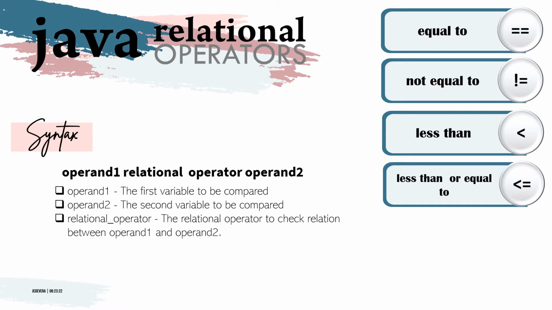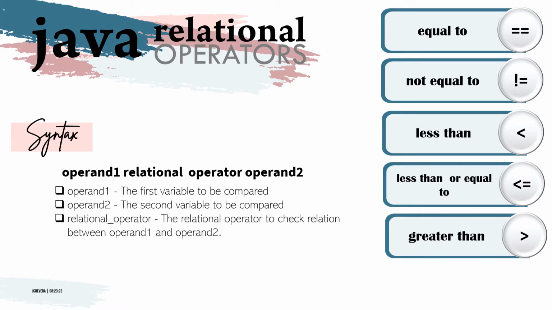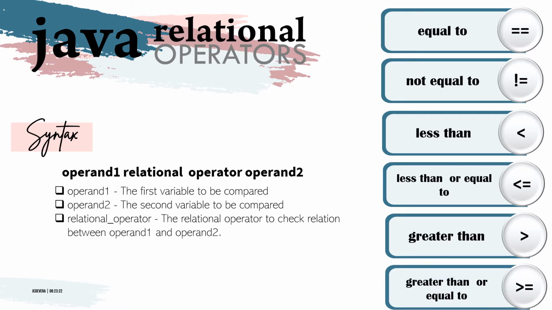Less than or equal to checks if one operand is either less than or equal to the other. Greater than checks if one operand is greater than the other. And finally, greater than or equal to checks if one operand is either greater than or equal to the other.